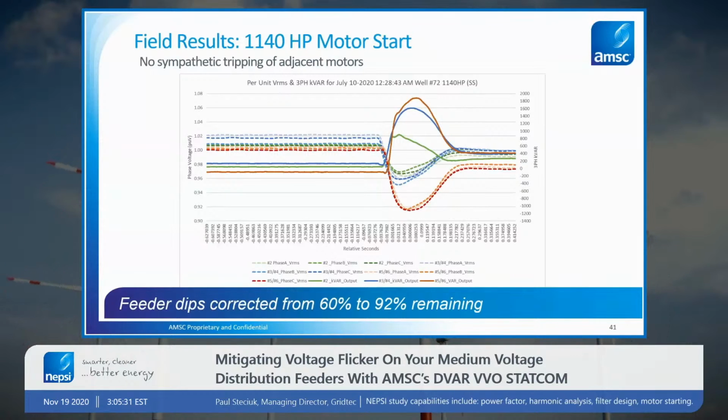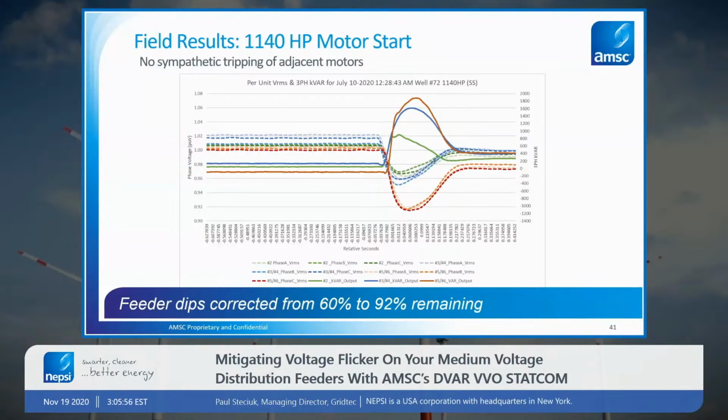One interesting note is, if a motor near the end of the feeder is starting, the STATCOMs near the end of that feeder are going to supply more of the VARs for that event, whereas if the motor starting is near the front part of that feeder section, then of course the STATCOMs nearest to that would provide more of the VARs.